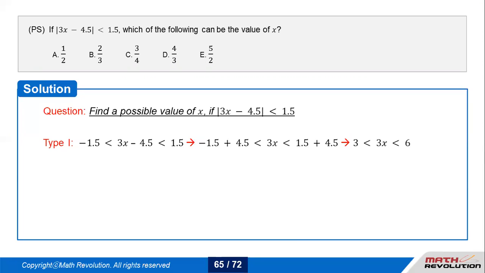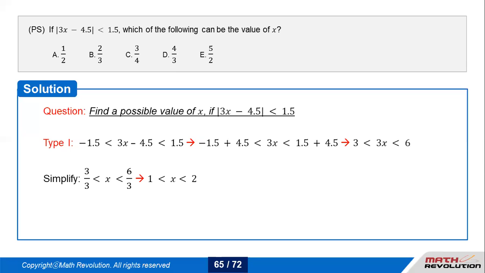Adding 4.5 on both sides gets me 3 is less than 3x, which is less than 6. If I divide both sides by 3, I get 1 is less than x, which is less than 2.